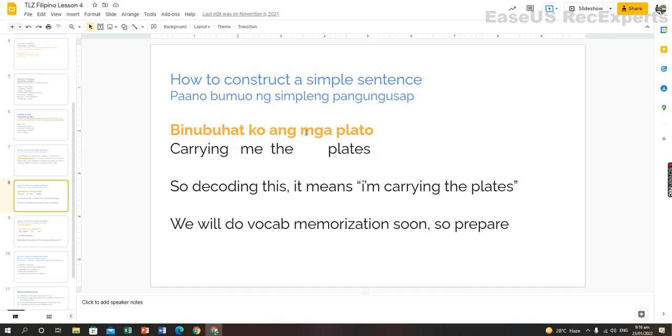So mga plato meaning like plates. So basically mga acts as like the S of the noun. So decoding this, it means carrying the plates. We will do vocab memorization soon, but I don't think you're ready for that yet, so we'll get to that pretty soon.